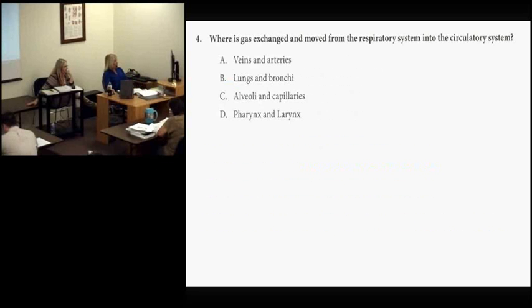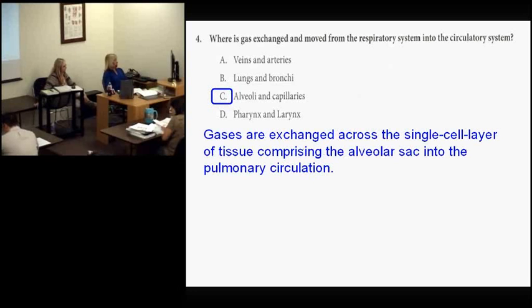Number 4, where is gas exchanged and moved from the respiratory system into the circulatory system? The alveoli and capillaries. So gases are exchanged across the single cell layer of tissue comprising the alveolar sac into the pulmonary circulation.